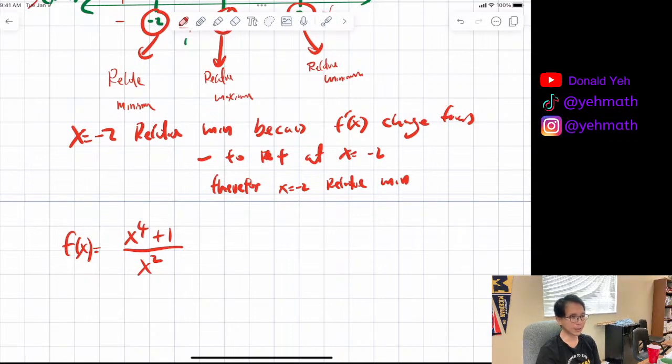Now let's take a derivative. How did I take a derivative here? Can you simplify it first?